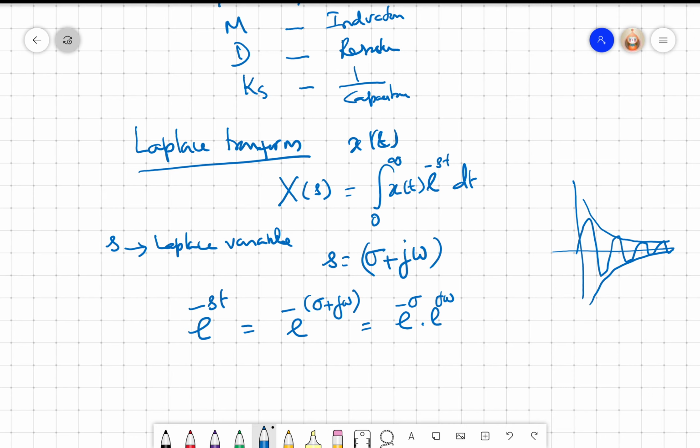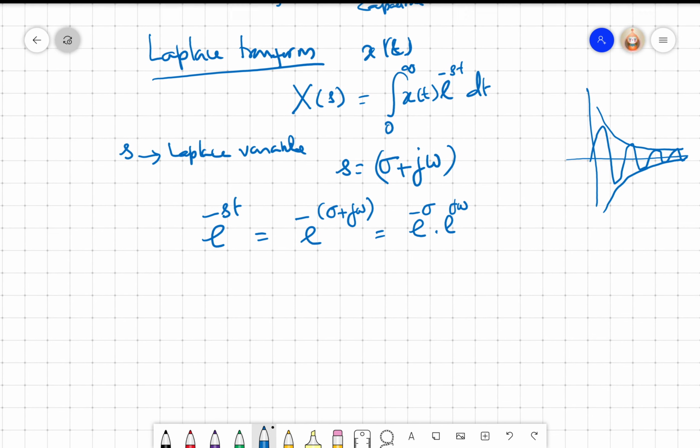So it's an oscillatory function. So this is actually the Laplace variable. Okay. So we have done the Laplace variable, right?